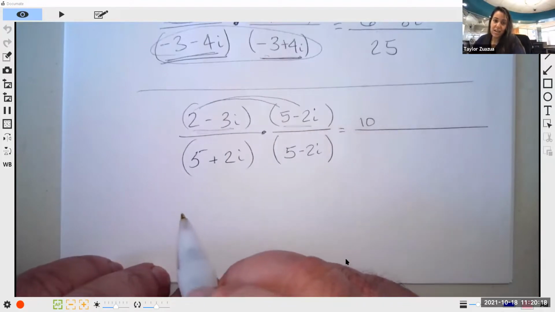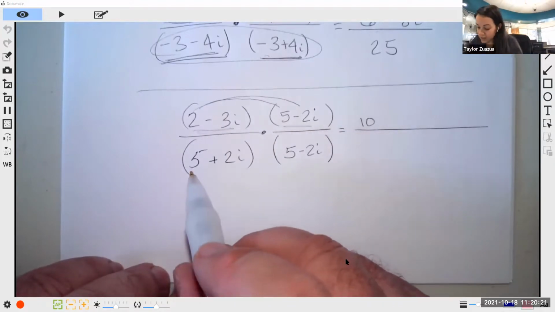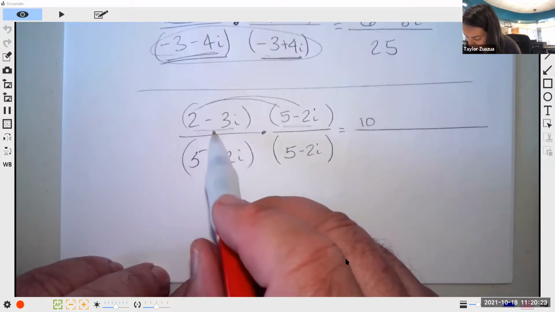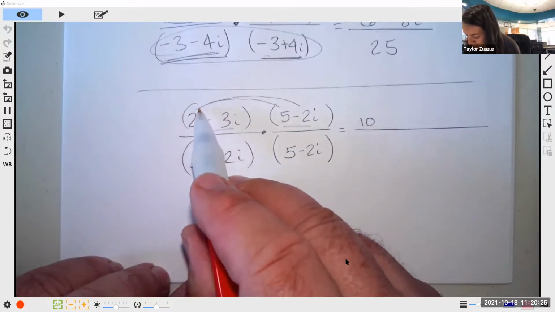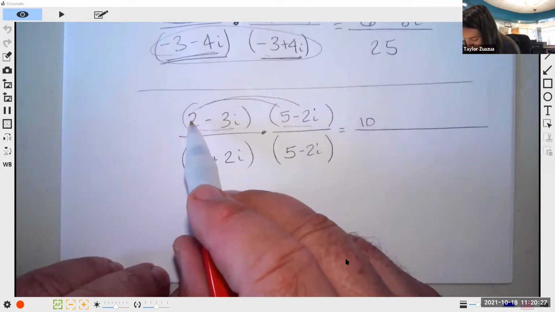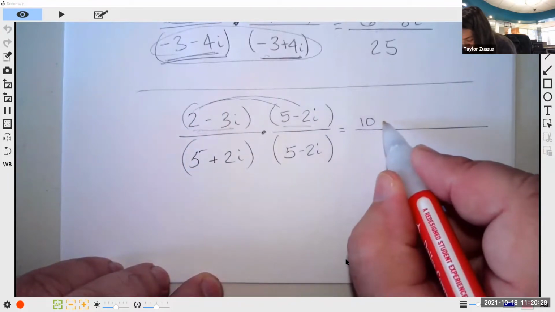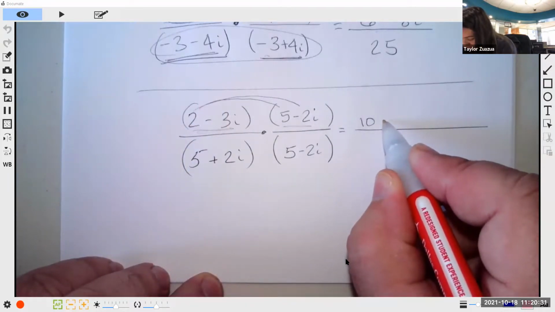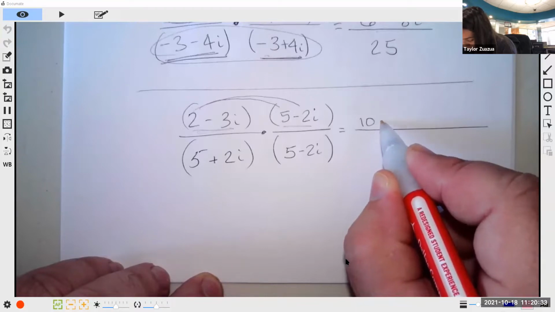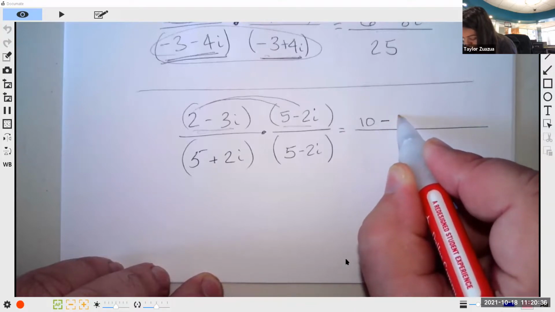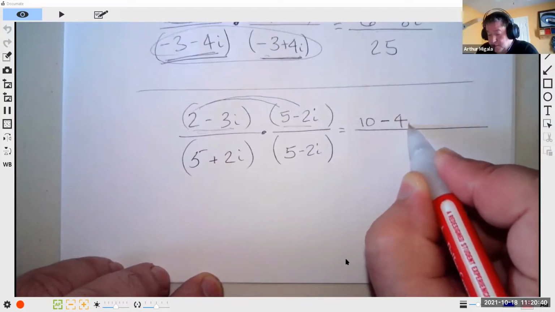Okay. So it's 2 times 5, positive 10, and then 2 and positive 3i, a positive times a negative is a negative 4i. Very good.